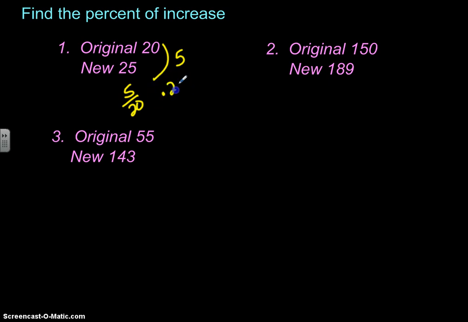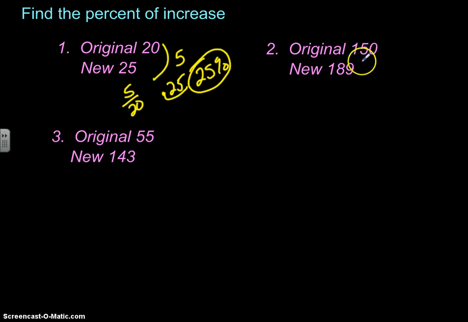And I have to change that decimal to a percent. So I move it two places over. That is a 25% increase. Okay, 25% increase. Again, all I did was divide the part, the amount of increase, which is the part, by the original, which is the whole or the base.